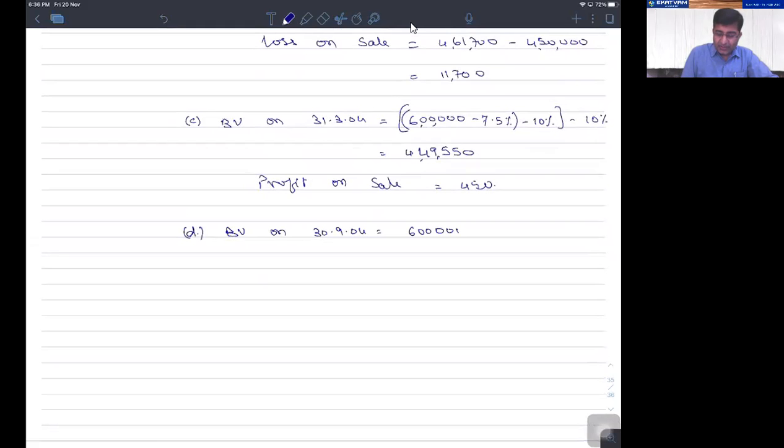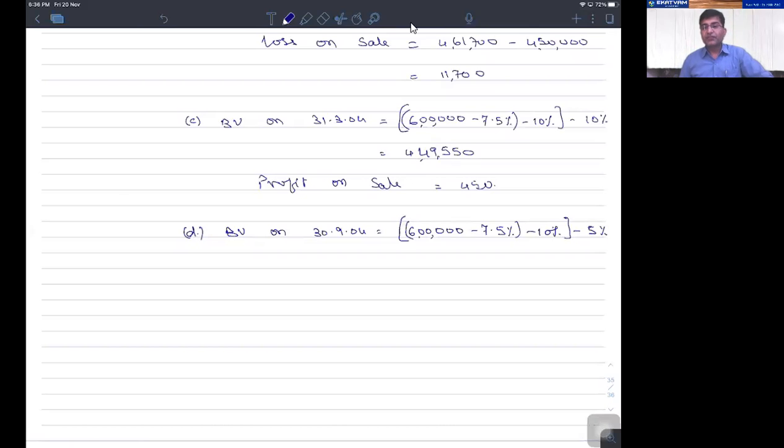For the first year your depreciation will be 7.5%. For the second year your depreciation will be full 10%. But for the third year your depreciation will be only 5%. Why? Because 30th September is half of the year. 6 lakh minus 7.5% minus 10% minus 5%.